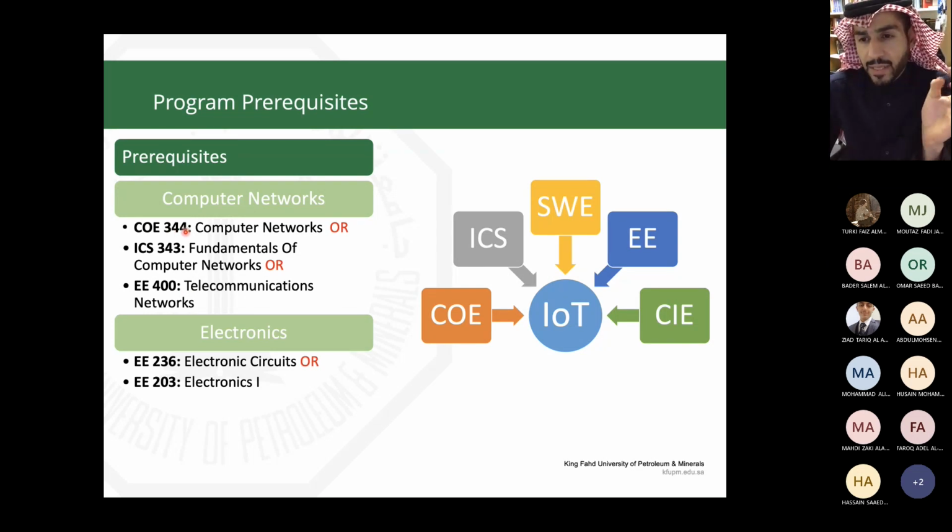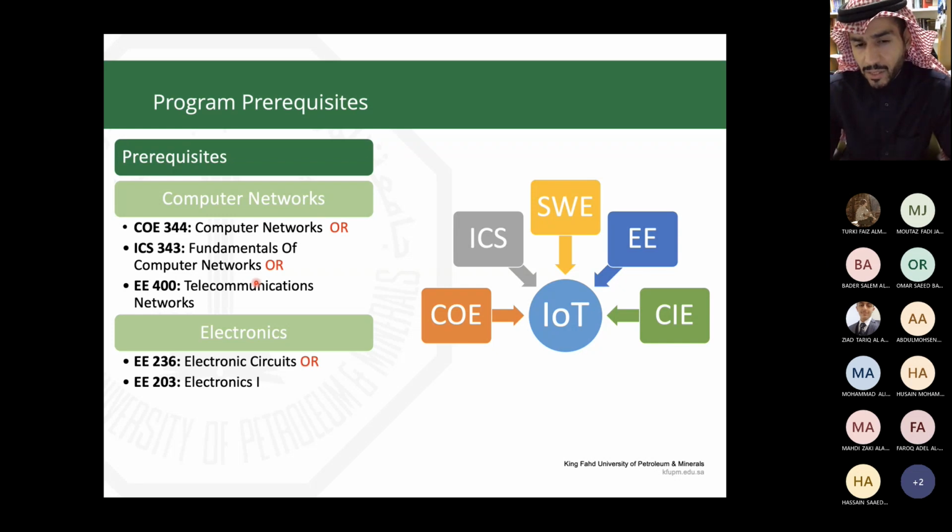So whether you are a CISE or EE student, you can still take COE 344. If you take this course, then you can take the remaining courses in the concentration. So this is how EE and CIE can join.